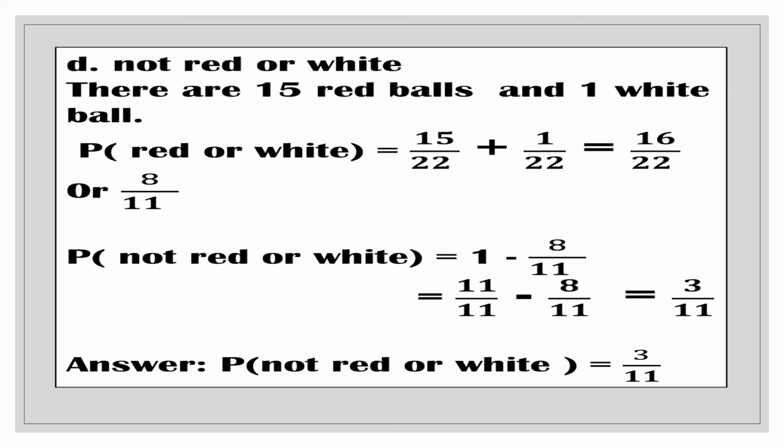So by the LCD, least common denominator, 11 over 11 minus 8 over 11. So that is equal to 3 over 11. So the answer is the probability of not red or white is equal to 3 over 11.